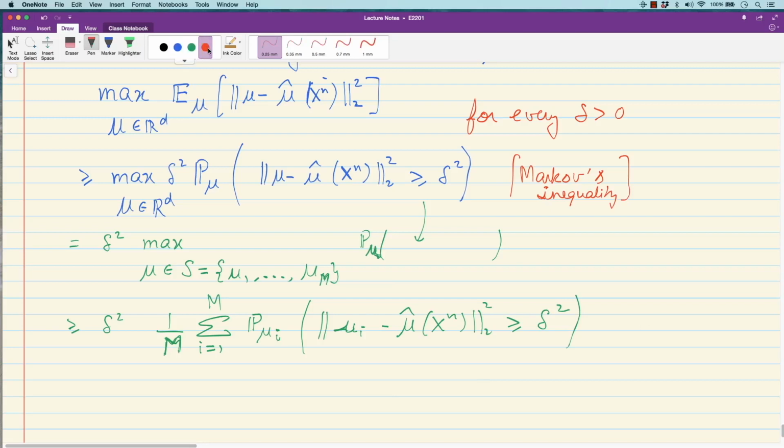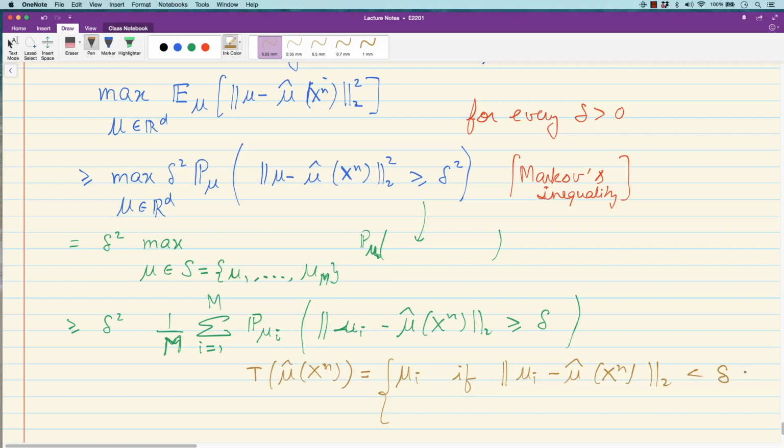Suppose you say that T of mu hat of x^n equals mu i if mu i minus mu hat of x^n is less than, I can remove the square root here, no problem, is less than, say, delta.